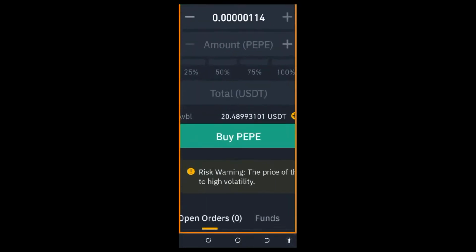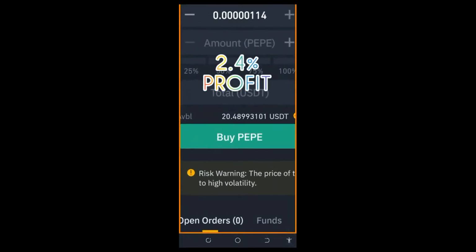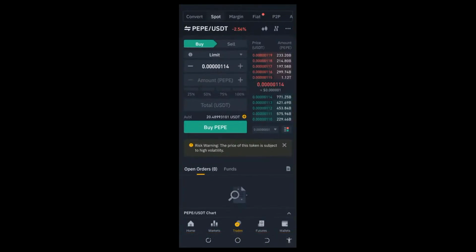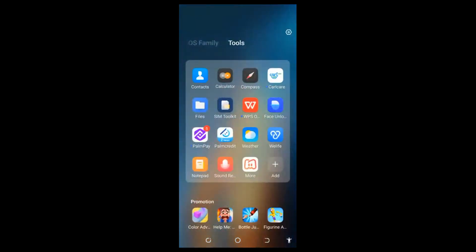Awesome. So that was actually a nice one. As you can see, this is about 2.4% profit. And just imagine that you put in $1,000. What would you make? Let's go and check the calculations. This is 20, times 2.4%, and we got 48 cents.